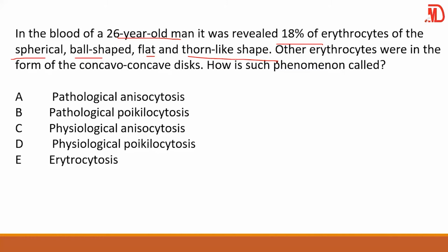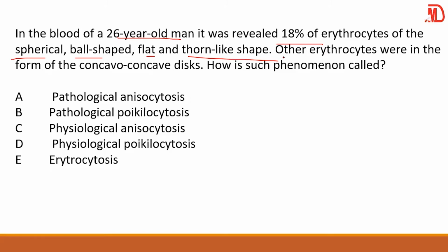So this one is an abnormal shape of the red blood cell, and an abnormal shape of red blood cell is simply called poikilocytosis. In poikilocytosis, we can have a sickle cell, because the shape is sickle, which is not the normal shape.